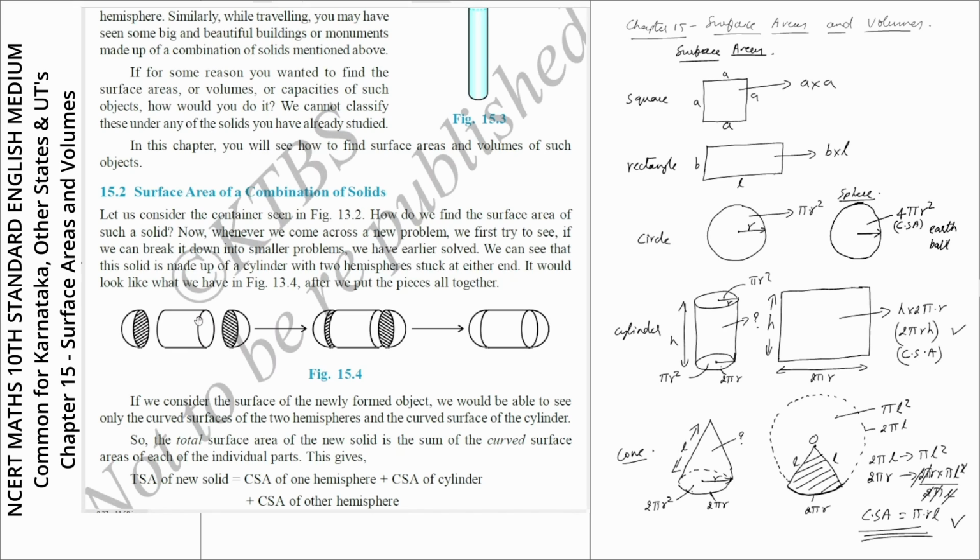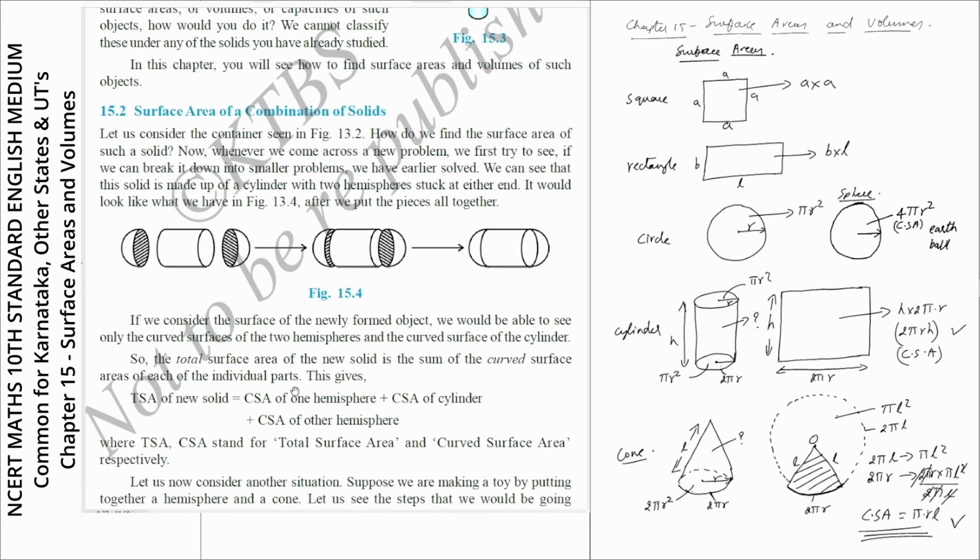The area of that milk tanker will be curved surface area of this hemisphere plus curved surface area of this cylinder, and again the curved surface area of the other hemisphere. When I add all this, I'll get the surface area of the milk tanker.